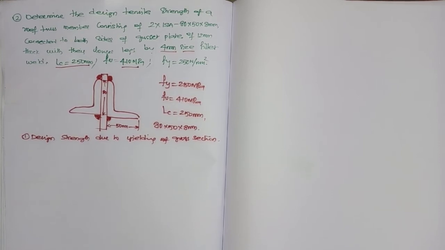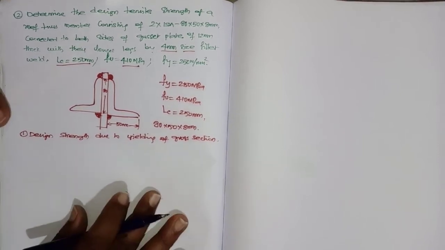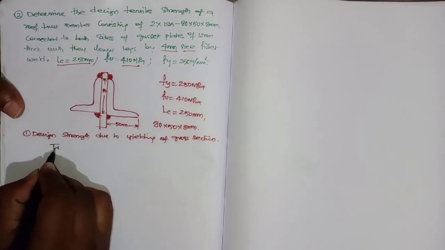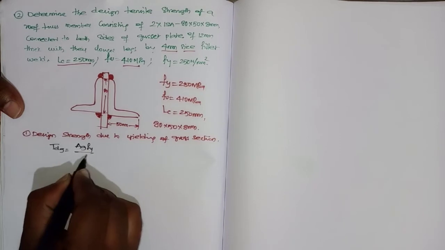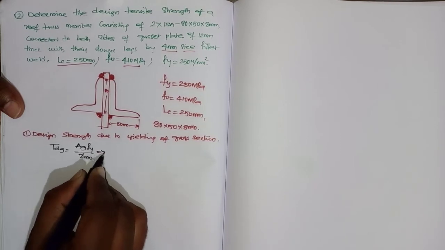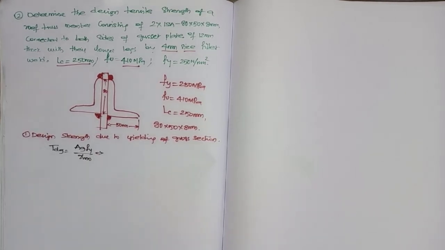So for that the formula you already know, that is TDG equals AG Fy by gamma m naught. Now if you want to take the area of double angle section, in steel table it is not available directly, so each angle area you have to calculate and make it into 2, that's all.